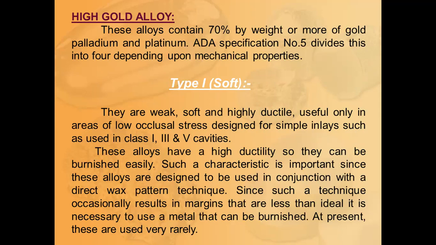Type 1, soft. They are weak, soft and highly ductile, used only in areas of low occlusal stress, designed for simple inlays such as used in class 1, class 3 and class 5 cavities. These alloys have high ductility, so they can be easily burnished.